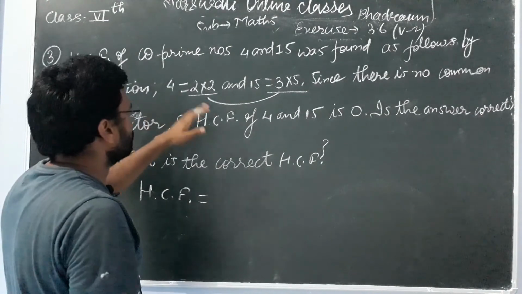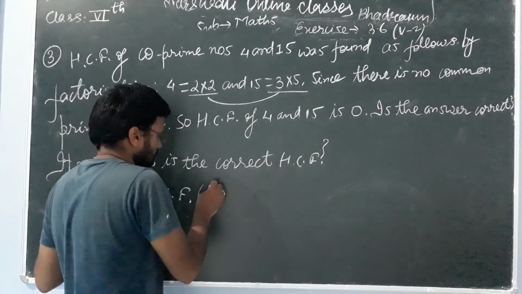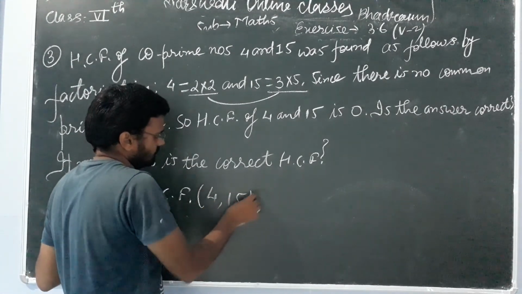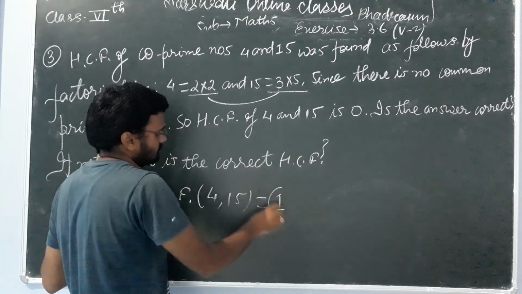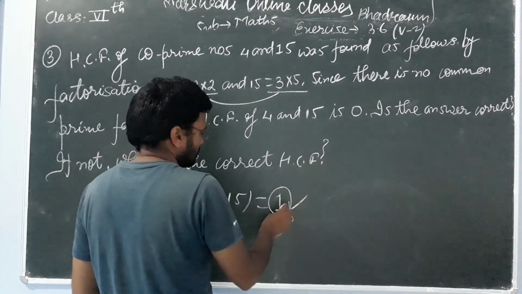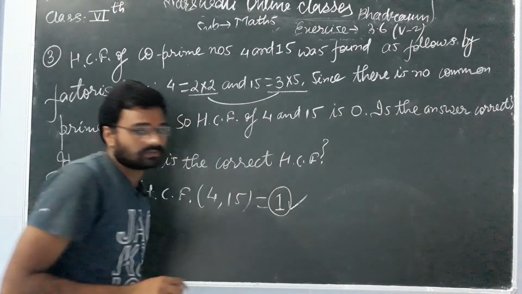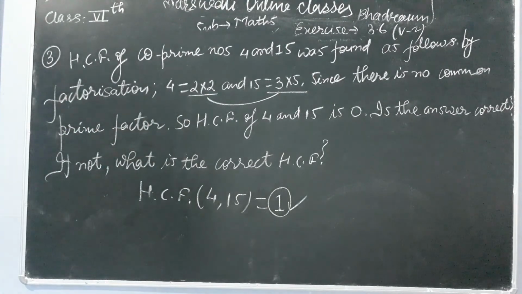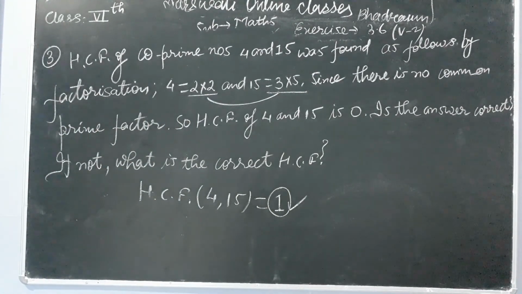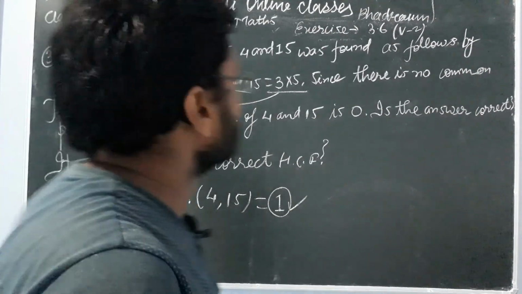HCF of 4 and 15 is always 1. Here the exercise ends and we will take our next question in our next video.